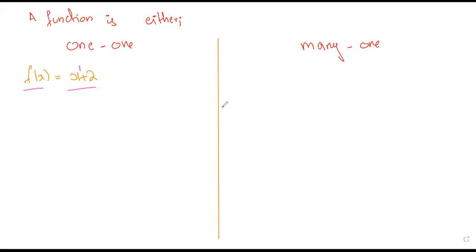Okay, let's try to plot this. This is the f of x axis. This is the x axis. Okay. You guys must be familiar with y axis here, right? But please be clear, we have f of x here.